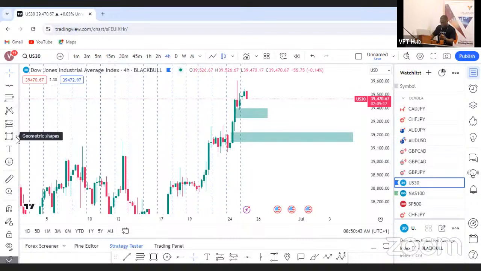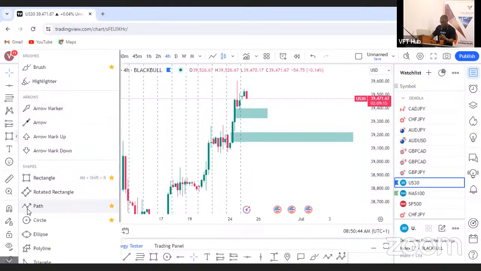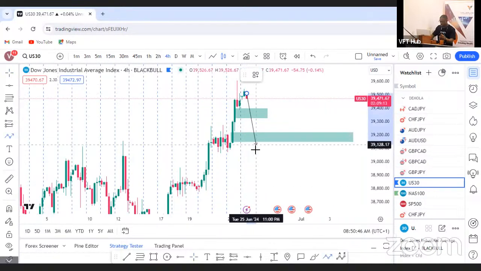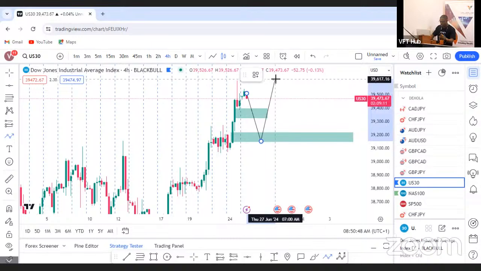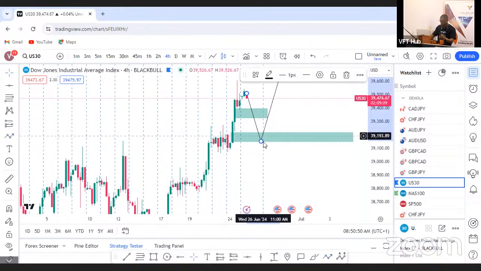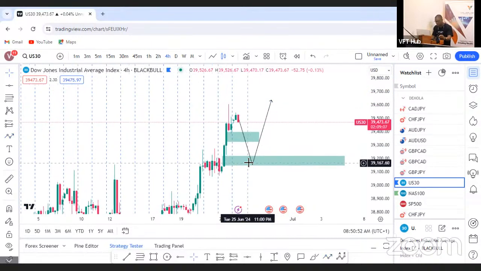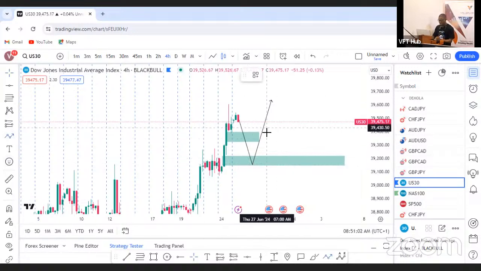Let me use a 2, yes, the part 2. So something like this, and then of course, you know what I will be looking for around this level: a sweep of liquidity, previous low, and then a break in market structure for price to come and take it to the downside. Example, something like this.